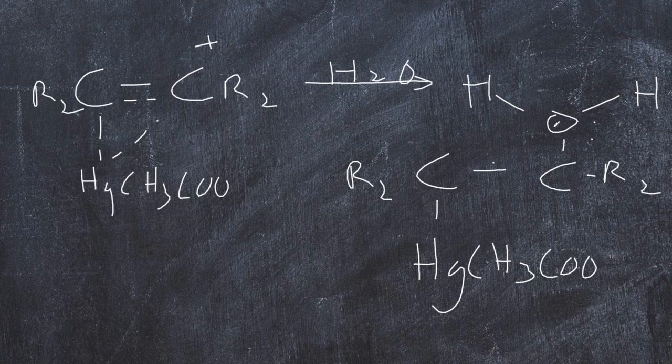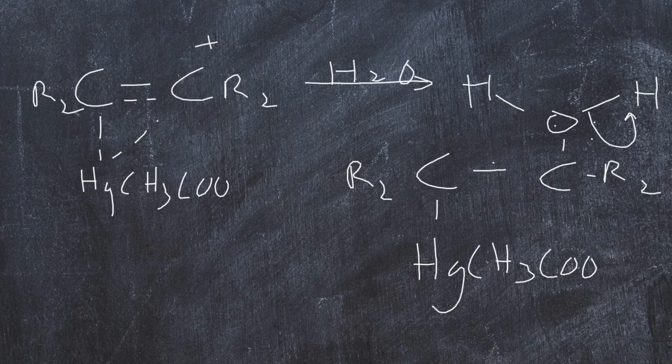So oxygen is electron rich, that would be better for it. It's going to be electron rich, and that's not good for oxygen. So what oxygen is going to do is donate, or lose, this hydrogen completely.